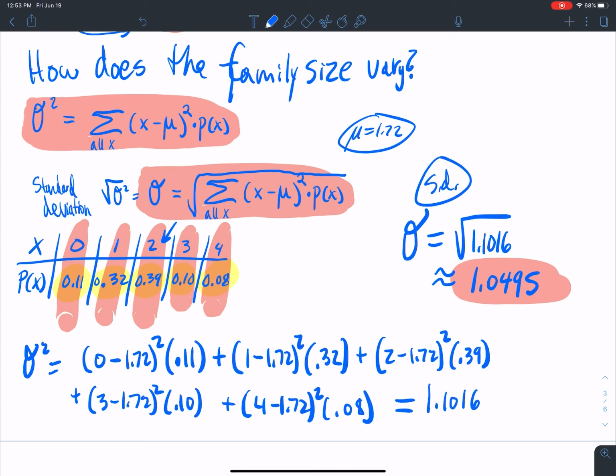Okay, so that's the idea of how you would get your mean, your expected value, and how to interpret the expected value. It's the long run average, what you expect to see over a long period of time, and then the variance, how the family size varies.